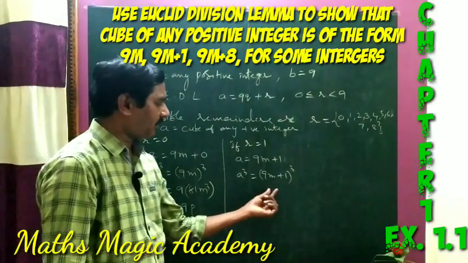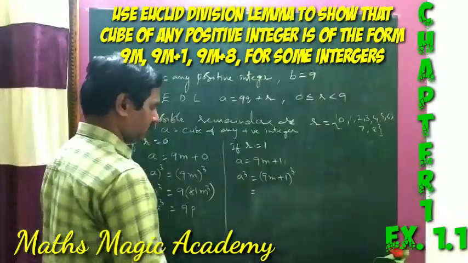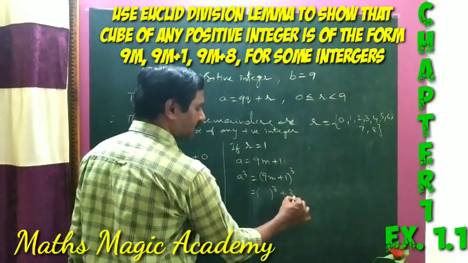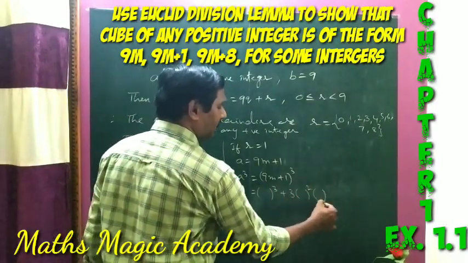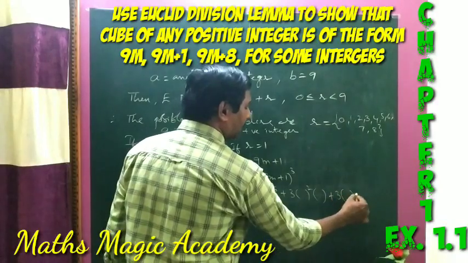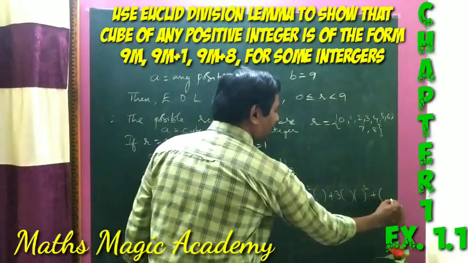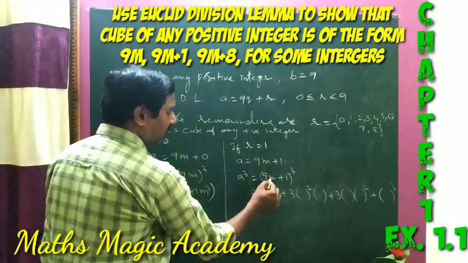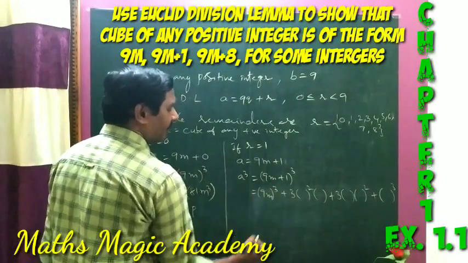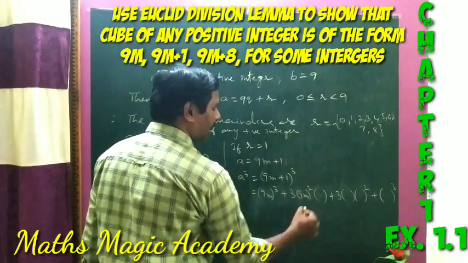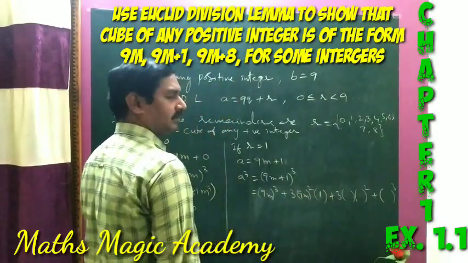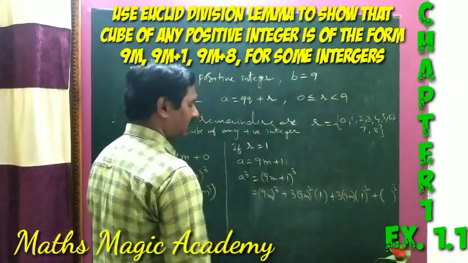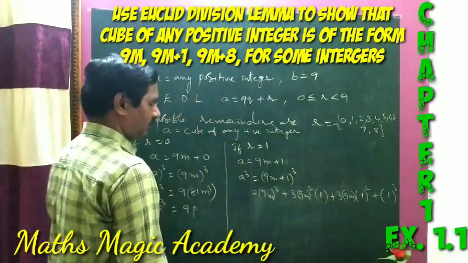It is in the form of (a plus b) whole cube, which equals a cube plus 3a square b plus 3ab square plus b cube. Shall I apply this? Here it is 9m, and here also 9m, and it is 1, and here also 1.